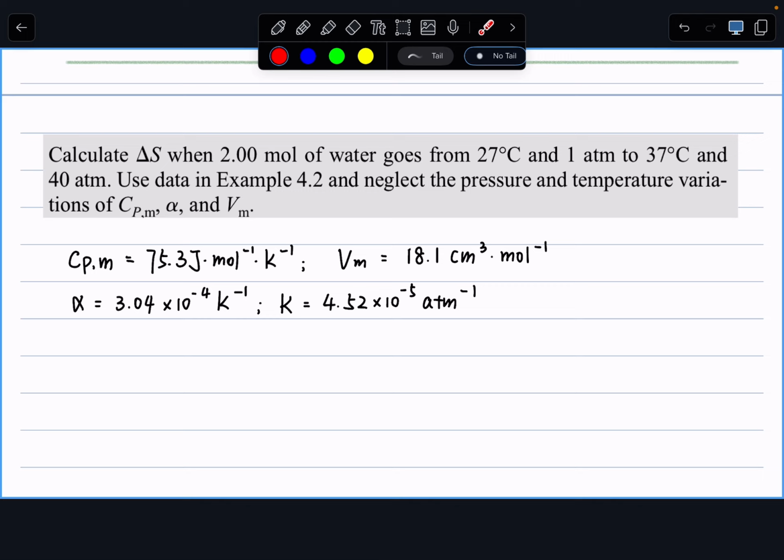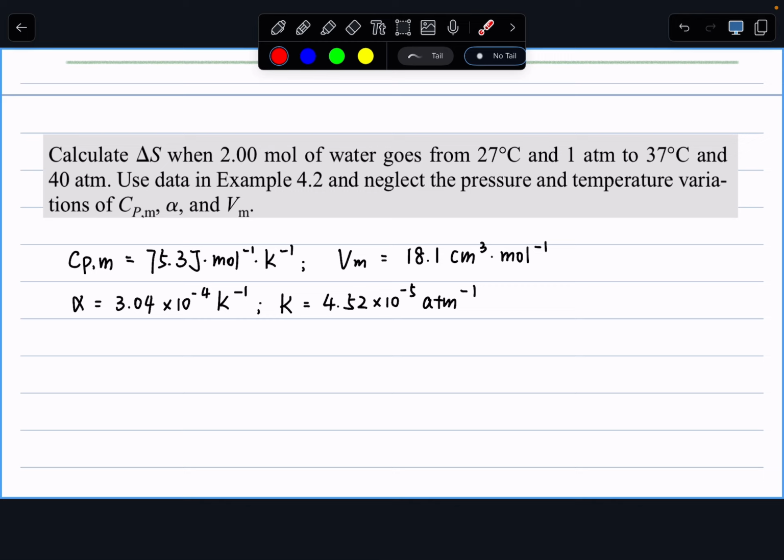I'm going to leave my total delta S equals delta S1 plus delta S2. So for this question, you can do it whatever way you like, but we can start from stating the initial state, which in this case we have P1 equals 1 atm, T1 equals 300 K. So let's build our reversible pathway in this case, or let's build our hypothetical pathway.